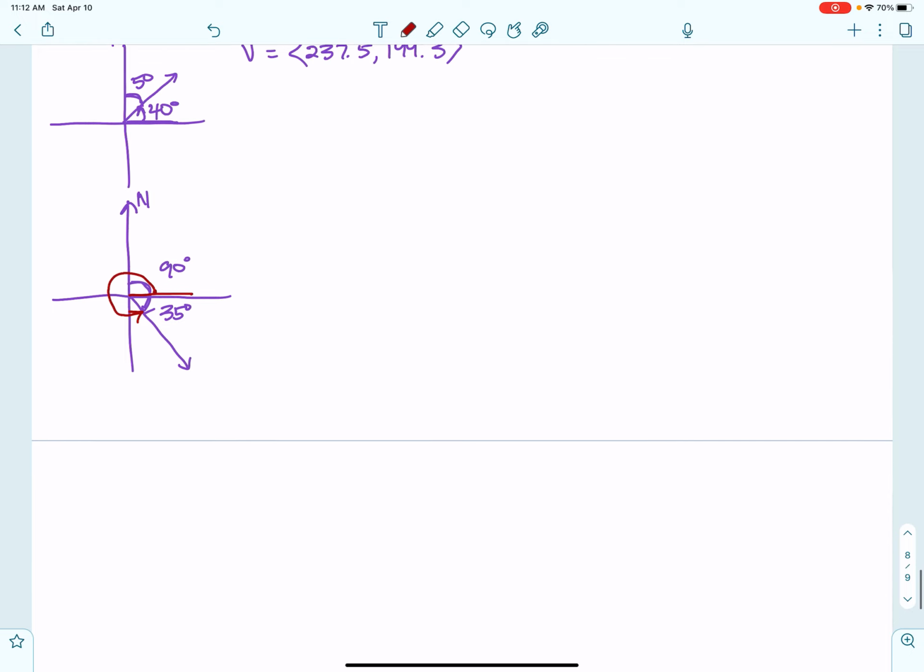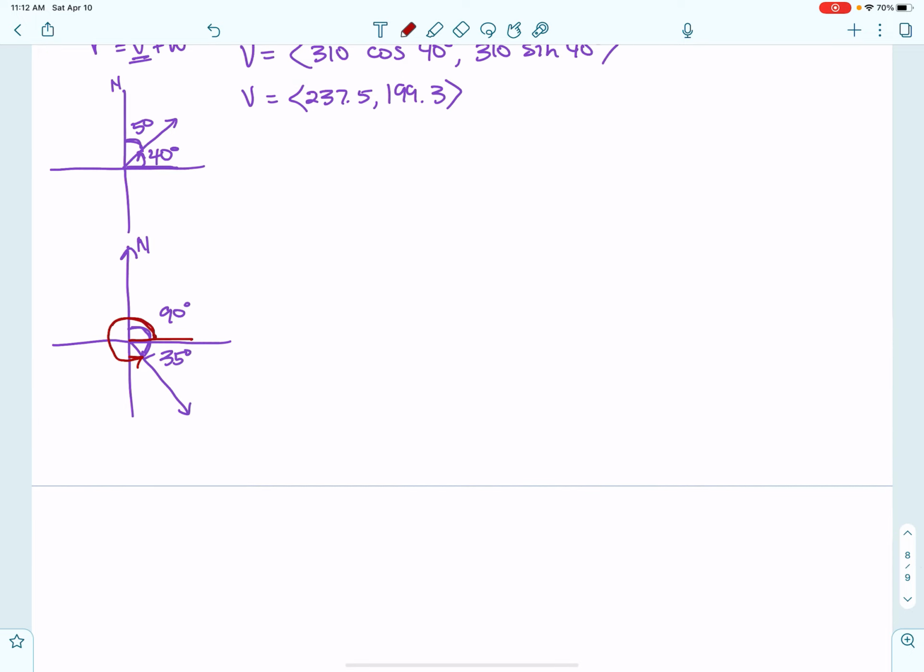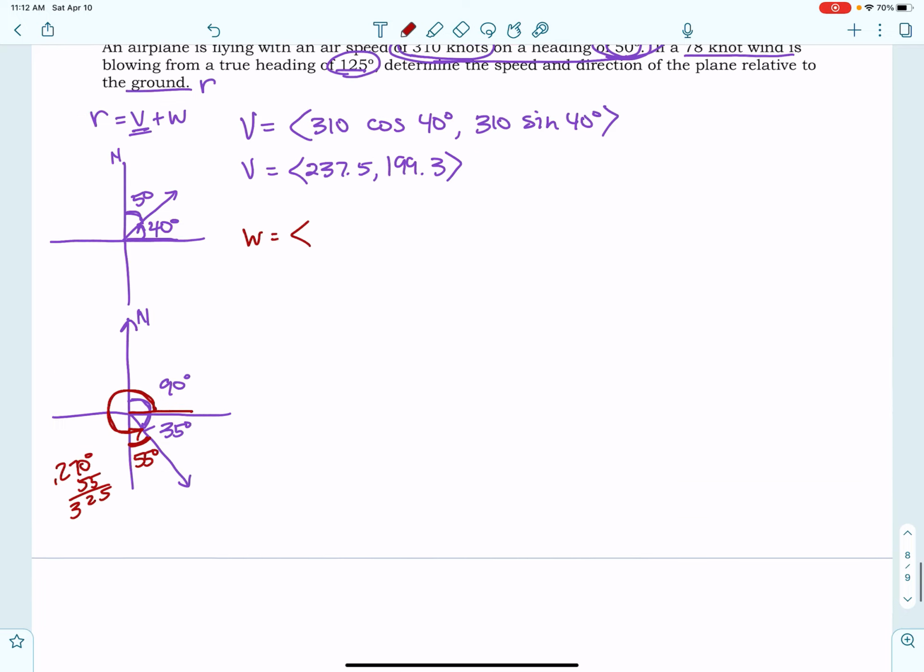So that means 3 quadrants. So 270 plus this little angle right here. Well, there's 90 degrees, remember, in a quadrant. I know I didn't draw this to scale, so I'm sorry about that. But this is going to be 55 degrees. So when I add 55 degrees, I get 325. So for the wind, what's our speed?